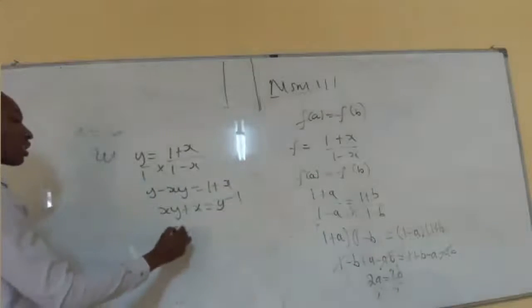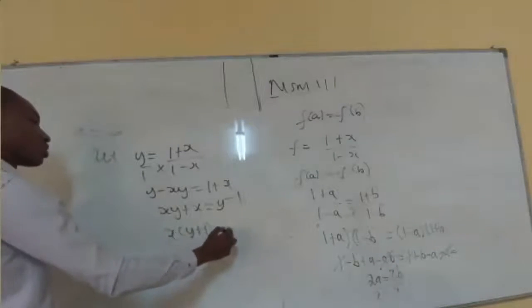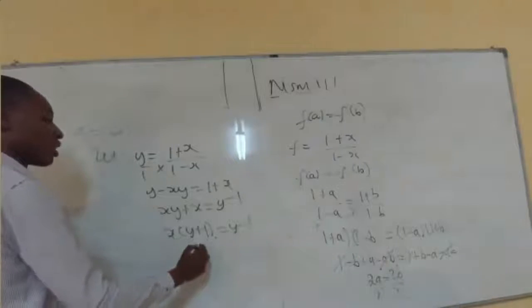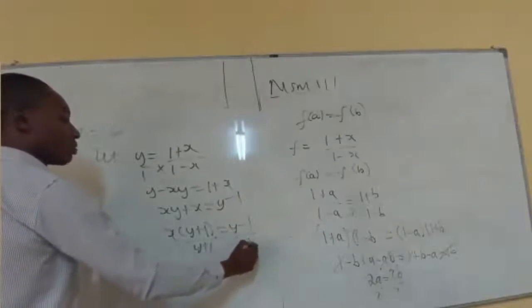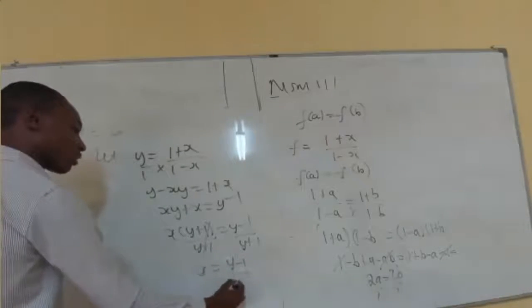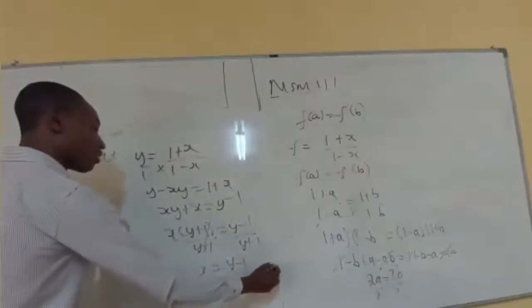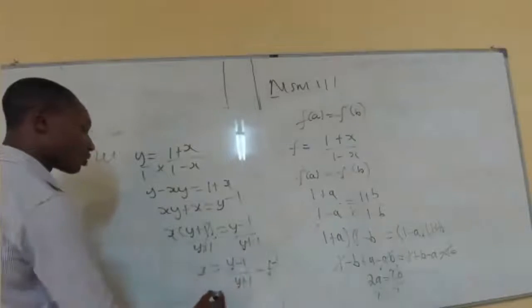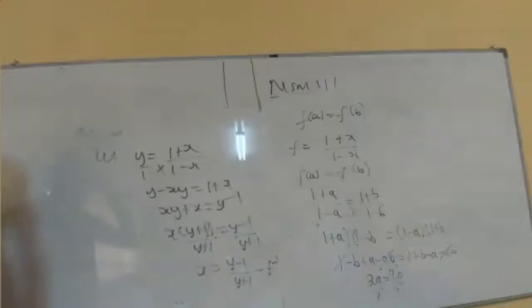Then x times (y plus 1) is equal to y minus 1, over y plus 1. So we have x equal to (y minus 1) over (y plus 1) as f inverse.